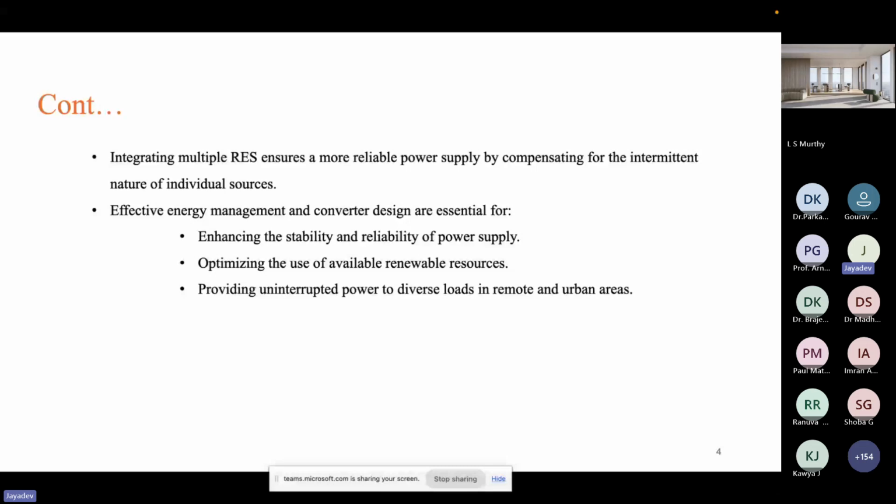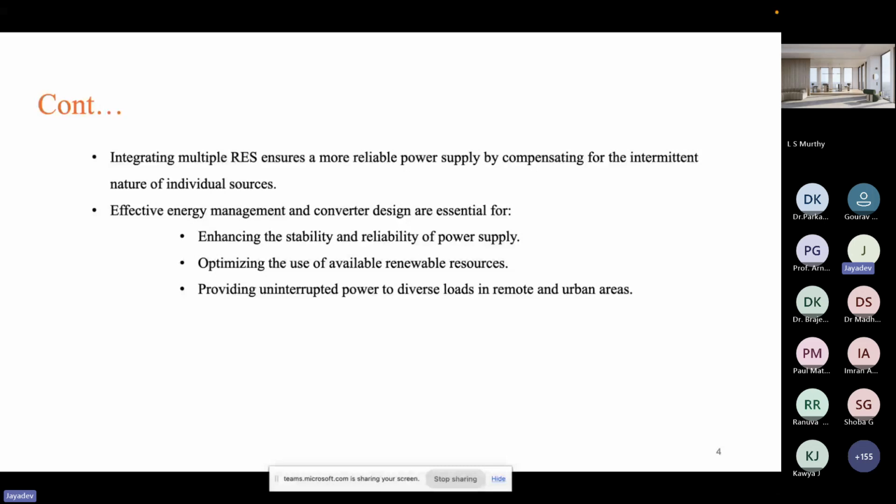But integrating more than one source is a very challenging part also, because power management between the sources and the converter, and exact design of the converter, become very essential. If your converter design and efficient power management are not there, then enhancing the stability is very difficult, and the reliability of power supply is also very difficult.